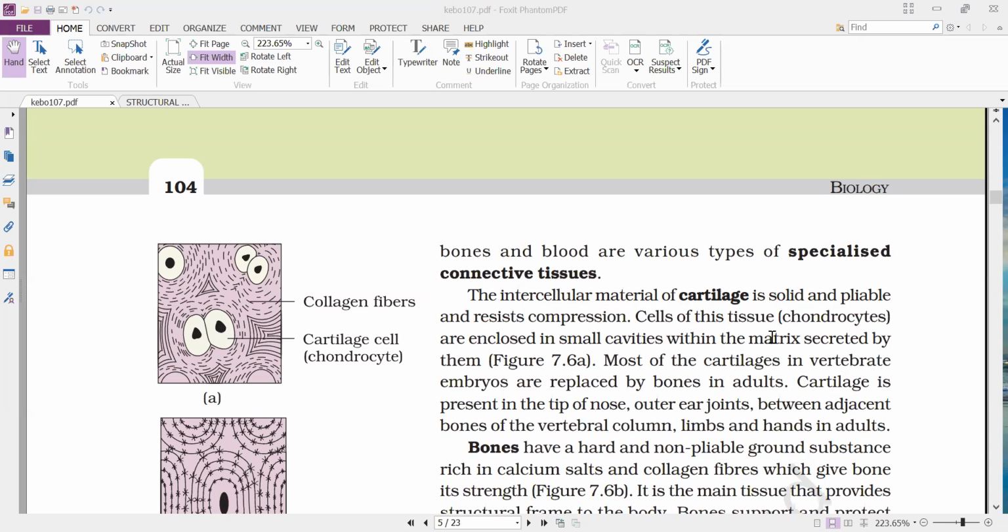When all the matrix is formed, the chondrocytes are enclosed in small cavities within the matrix that is secreted by the chondroblast only.